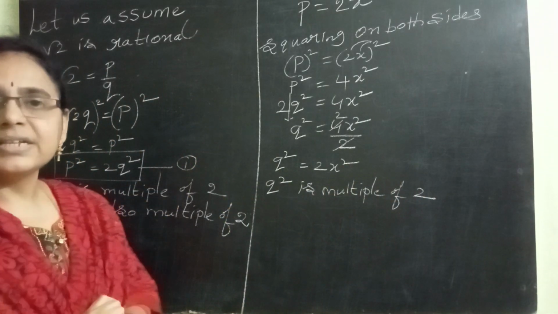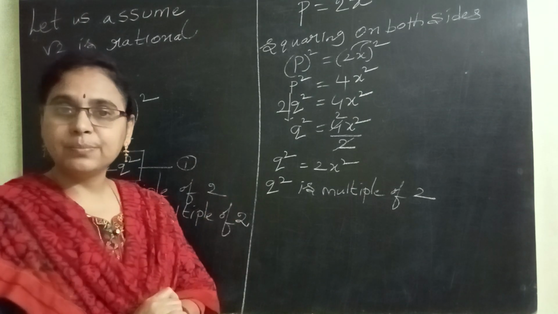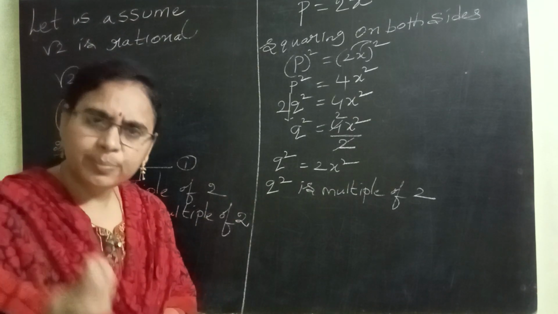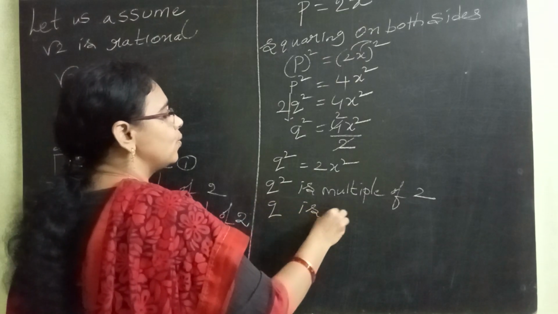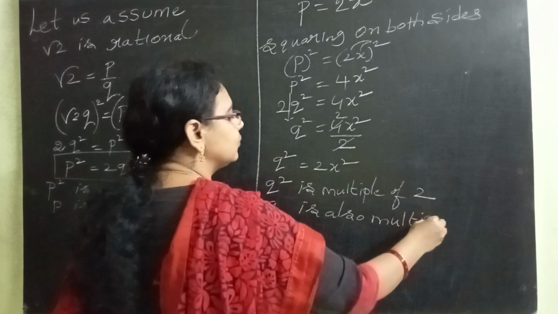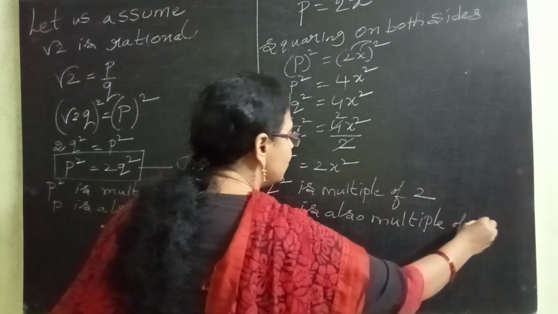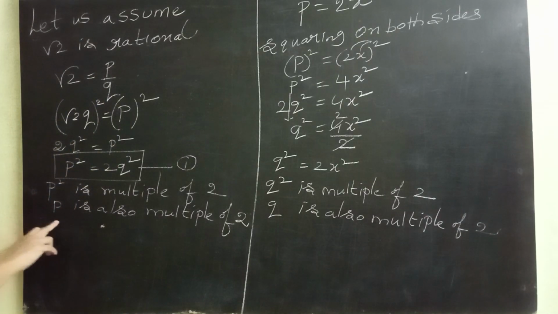Q square is a multiple of 2. Where q square is a multiple of 2, there obviously q is also a multiple of 2. See here, P is a multiple of 2.